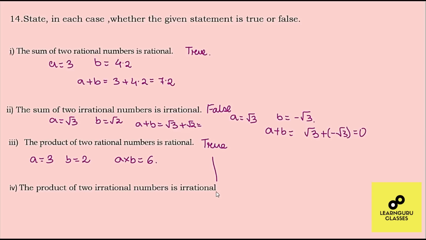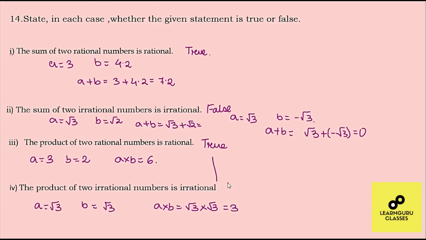No, not always. Because if I take a equal to root over 3 and b is also root over 3, then a into b, root over 3 into root over 3, will give you 3. So 3 is a rational number.